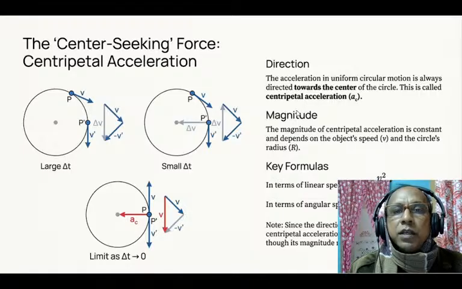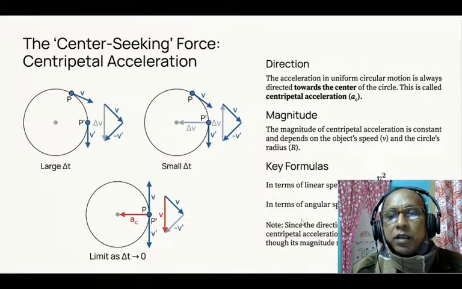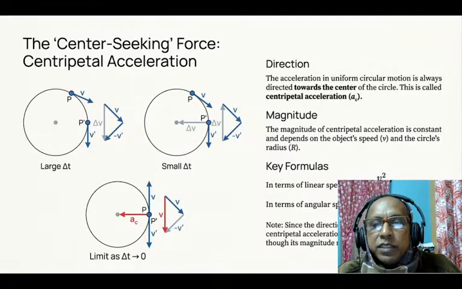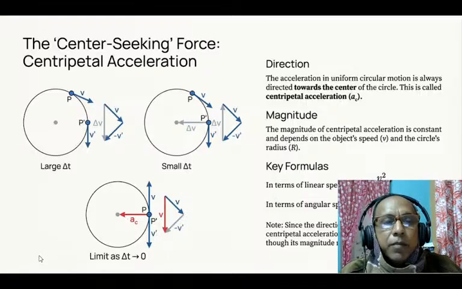The magnitude is constant and depends on the object's speed and the circle's radius. The key formulas: in terms of linear speed a equals v square by r, in terms of angular speed a equals omega square r. And note, since the direction is always changing, centripetal acceleration is not a constant vector, even though its magnitude may be constant.